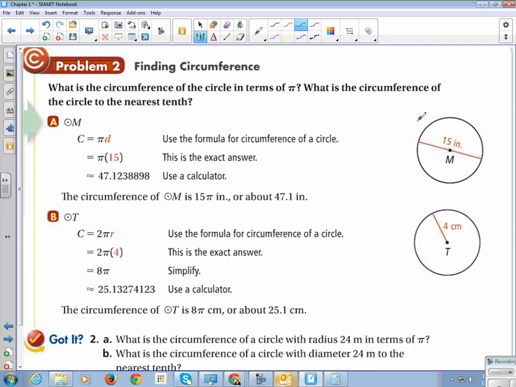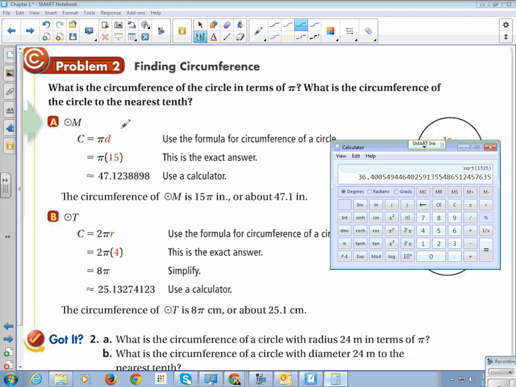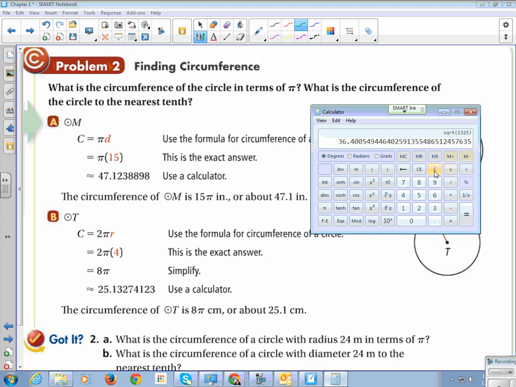All right, circumference. So the circumference is like the circle's perimeter. It's how far it takes to go all the way around a circle. We use pi times the diameter, and if we want the exact answer, we keep pi next to the 15. If we want the approximate answer, we can use the pi key on our calculator.